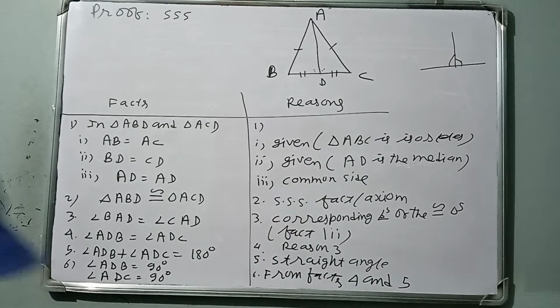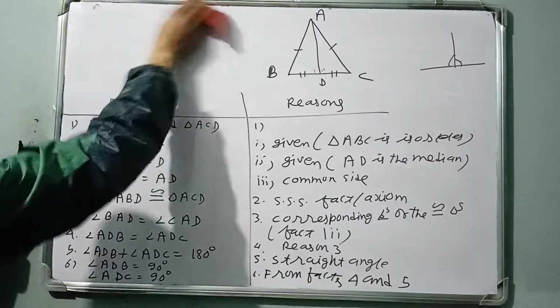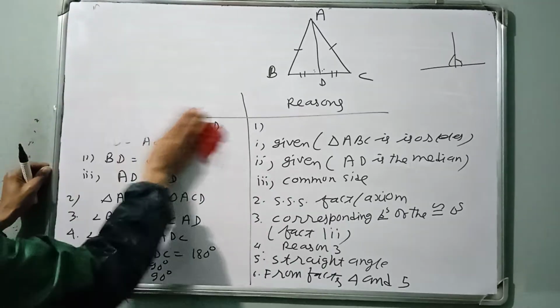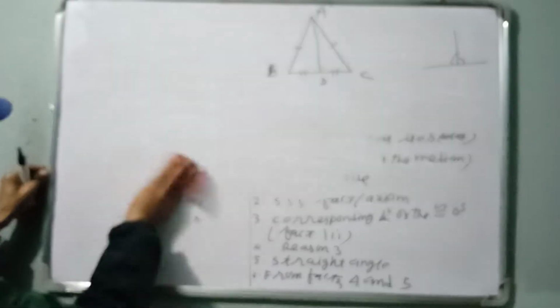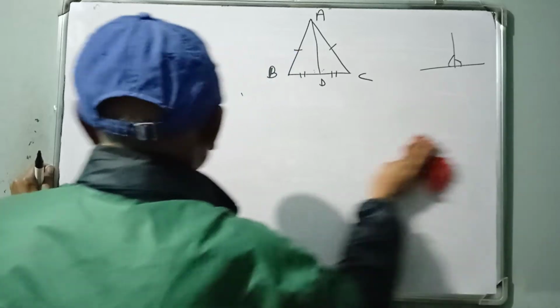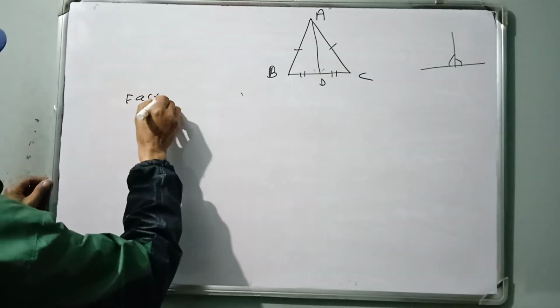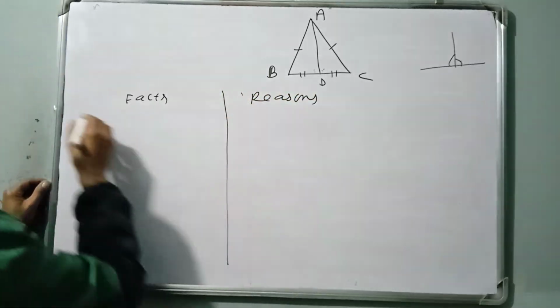We can just write down the summary as fact number 7. In fact number 7, what can you write? Facts, reasons.